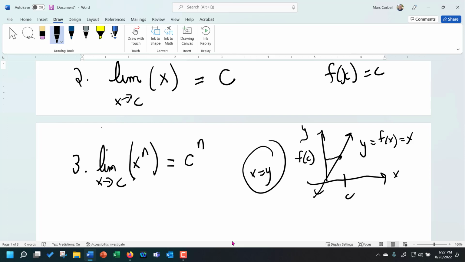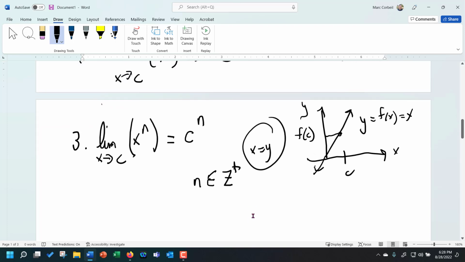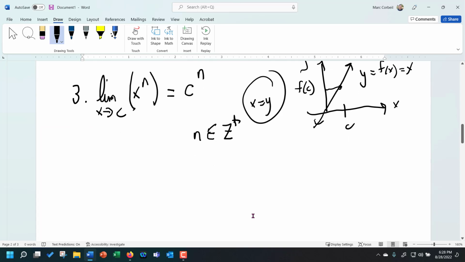By the way, in this case, n is an element of the integers, and the positive integers at that. So one of the ways we note that is to use the set of positive integers, which we write as Z plus. So that allows us to evaluate some limits.